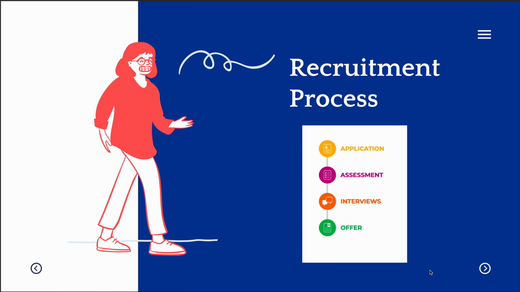Okay, so let's see what it has. Talking about the recruitment process, as with every other company, the process remains the same. First is the application, which involves all the details required to check eligibility. Then comes resume shortlisting.